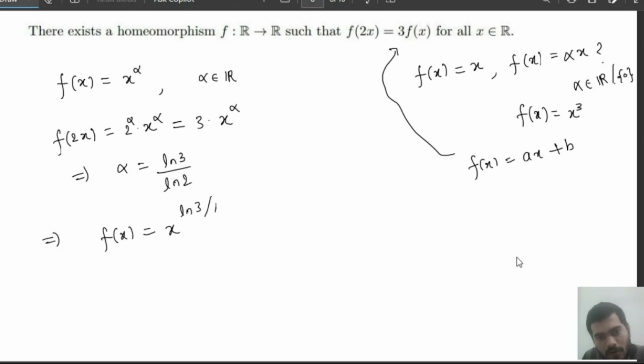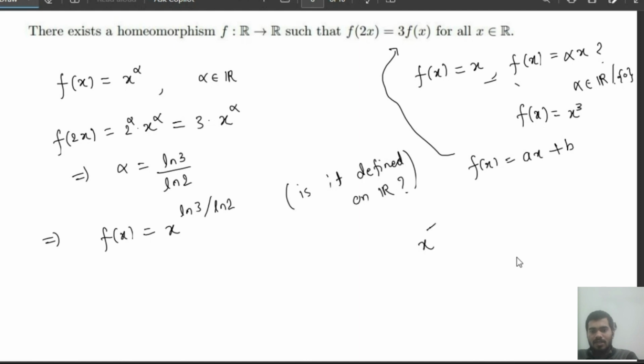Is it a homeomorphism? Tell me. No, you can't say that. Tell me first, is it even a defined function on R? Or to make it simpler, is x raised to pi defined on R?